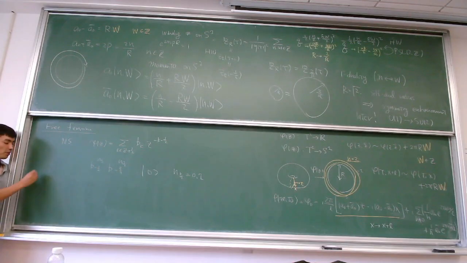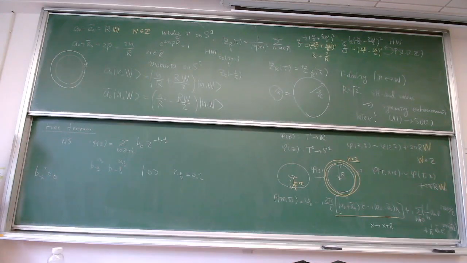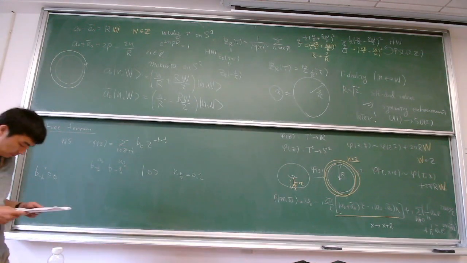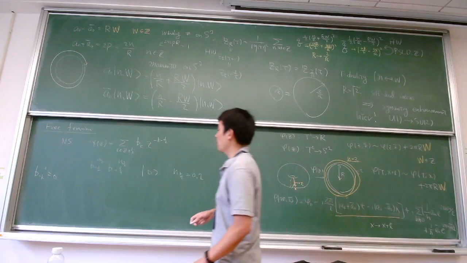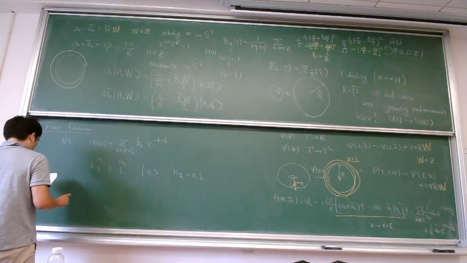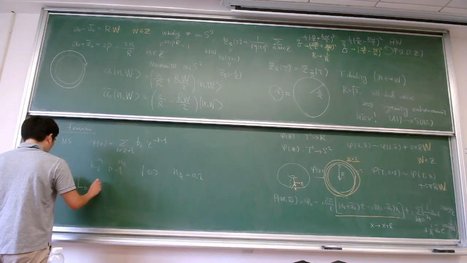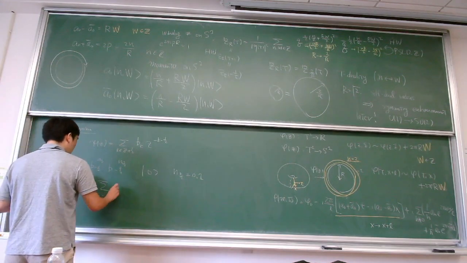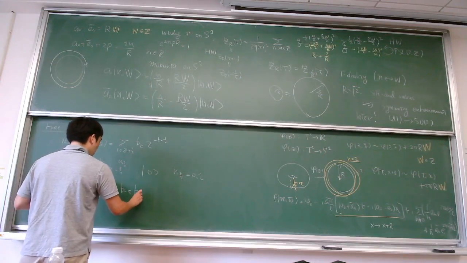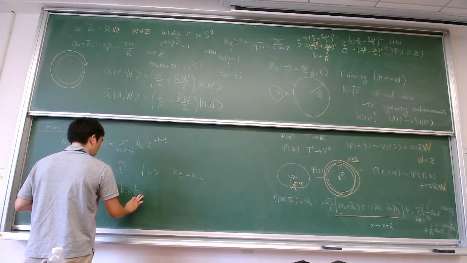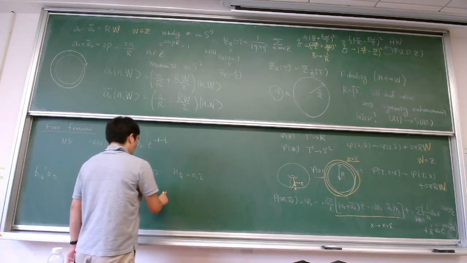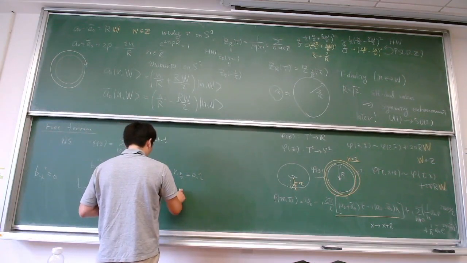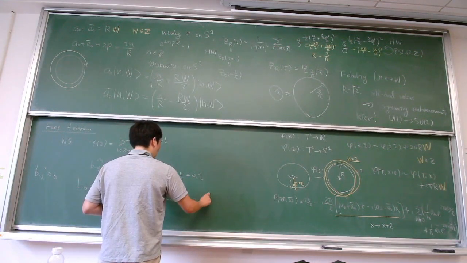So if you have two copies of the same mode, it should be 0. So the occupation number is either 0 or 1, and the commutation relation L0 is given by s equal to 1/2, such that L0 b_k is given by k b_k.